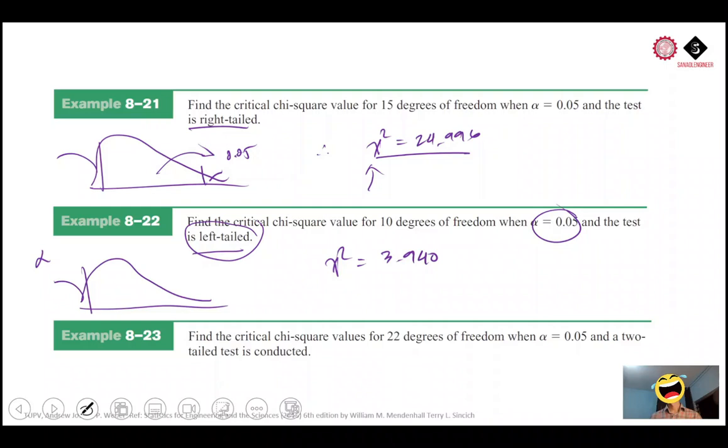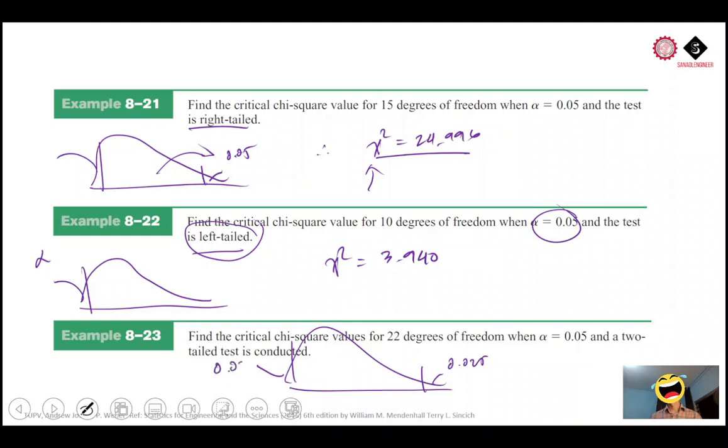Last, find the critical chi-square values for 22 degrees of freedom when alpha is 0.05 and a two-tailed test is conducted. Okay, so I have not enough space here at the bottom. So this is 0.05, therefore this is 0.025. Always remember that when your curve is two-tailed, the alpha must be divided by 2.